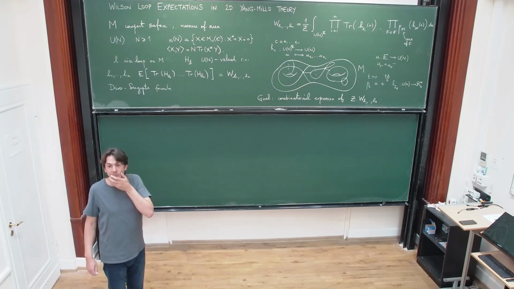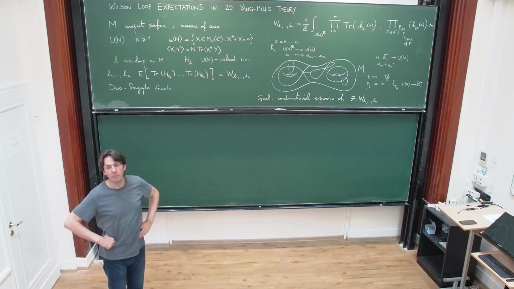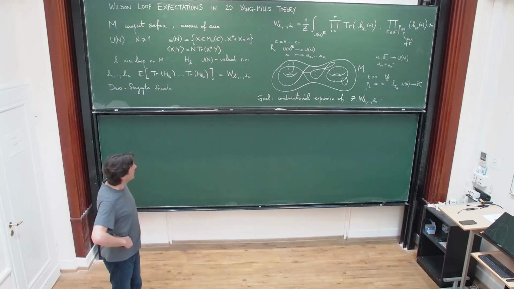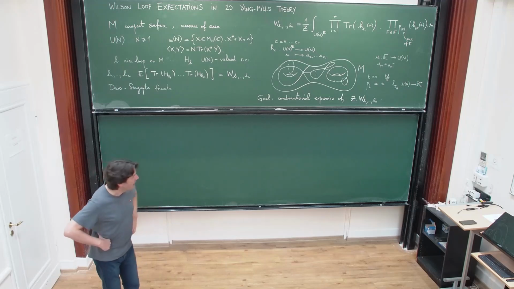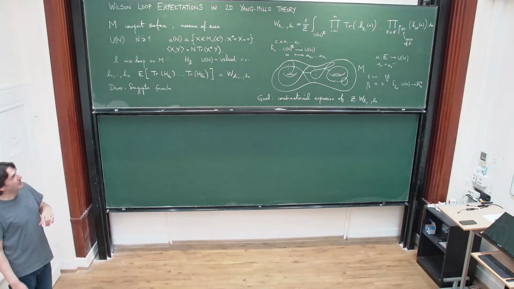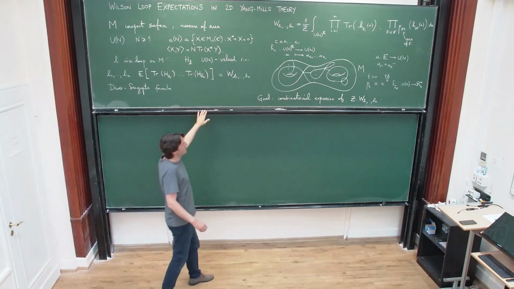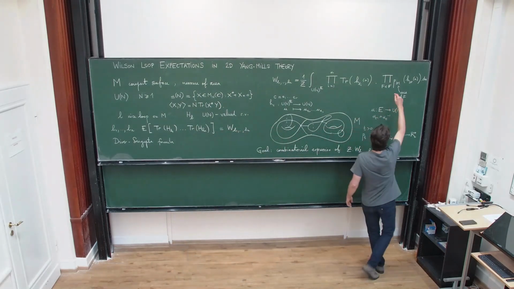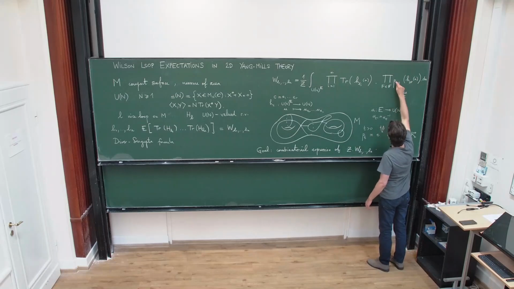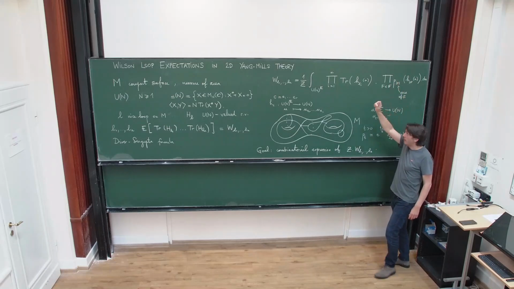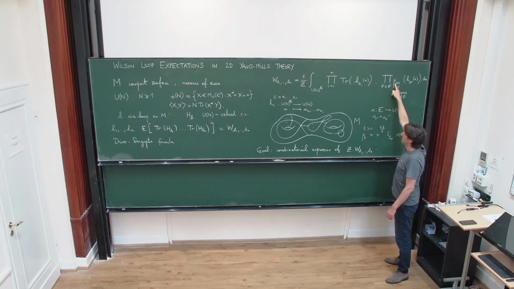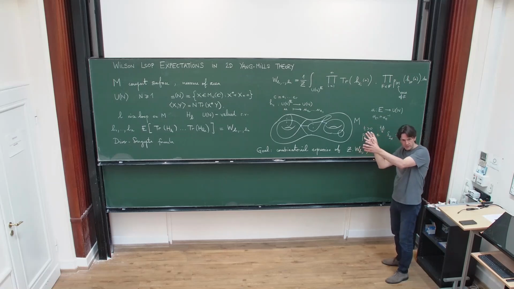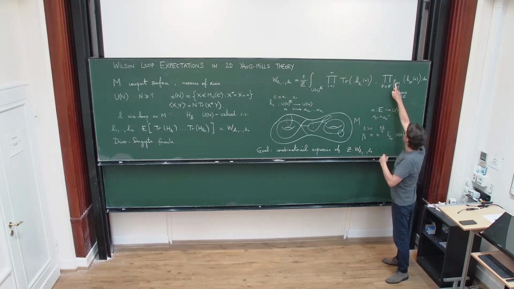Yes? But in Malin's course, there was the temperature parameter, and we saw this area-perimeter law. It doesn't appear here, or is it because...? It is hidden. If you have a temperature, it will appear here as a multiplicative factor in front of the area.